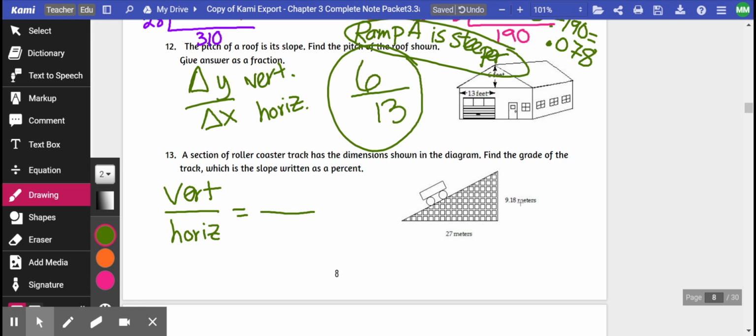So the vertical change is 9.18 and the horizontal is 27. So we're going to change it from a fraction to a % by first making it a decimal. So if we change it to a decimal and we divide, we get 0.34. And that is the same as 34%.